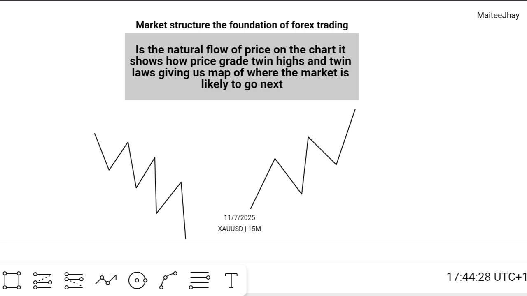And in understanding market structure, we have three phases, of which we have the uptrend, the downtrend, and the ranging. The uptrend consists of higher highs and higher lows. The downtrend consists of lower highs and lower lows, while the ranging market is a pattern in which the market is moving sideways, making equal highs and equal lows.